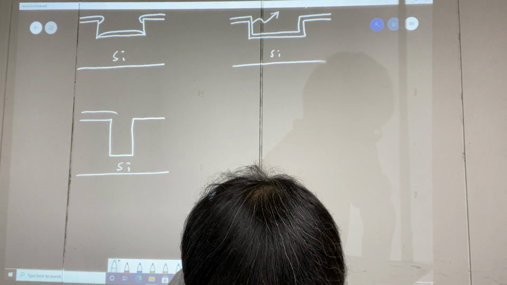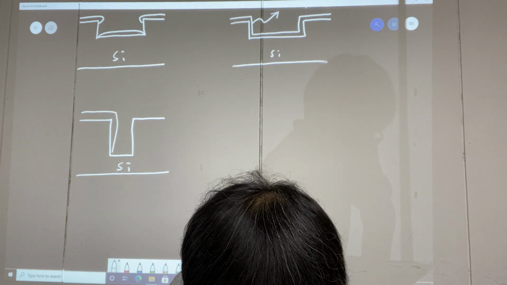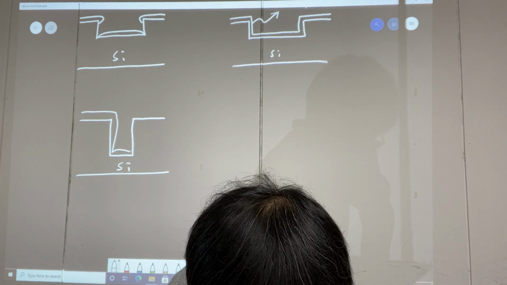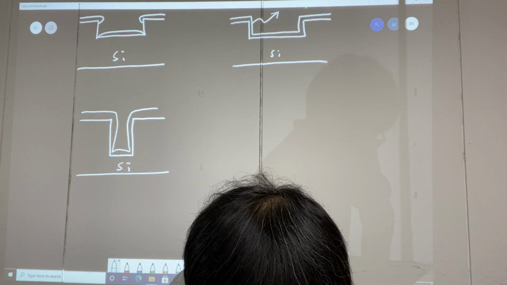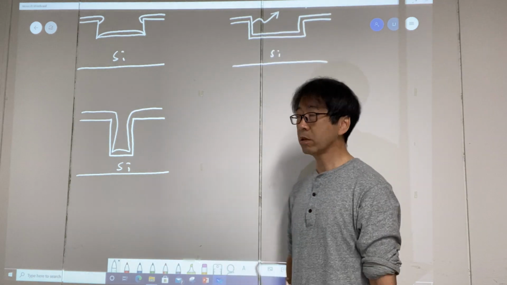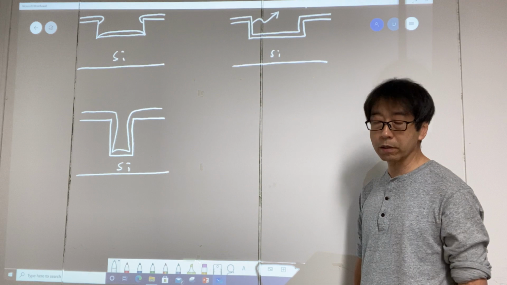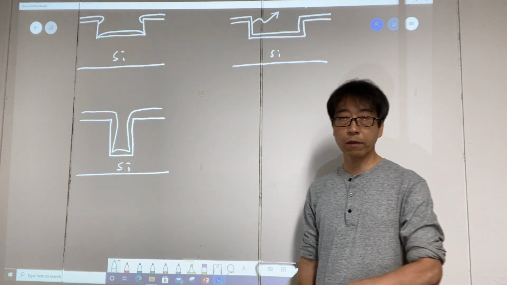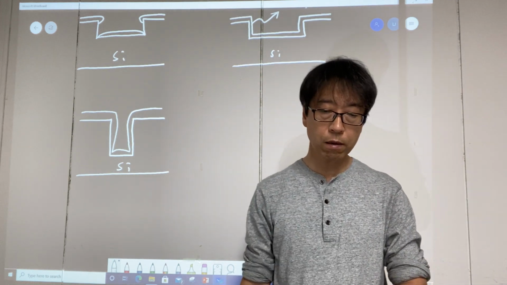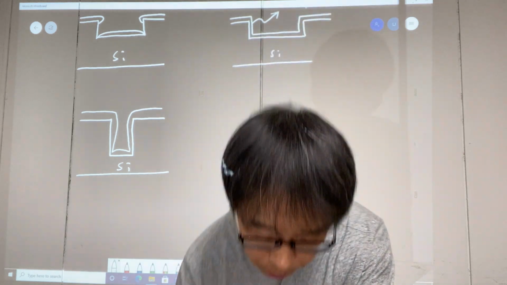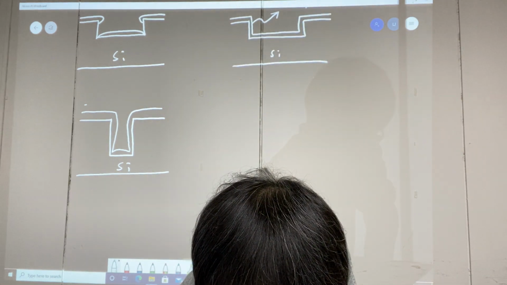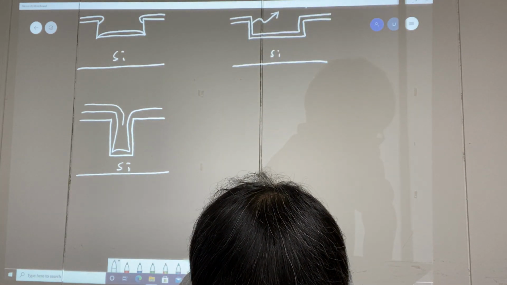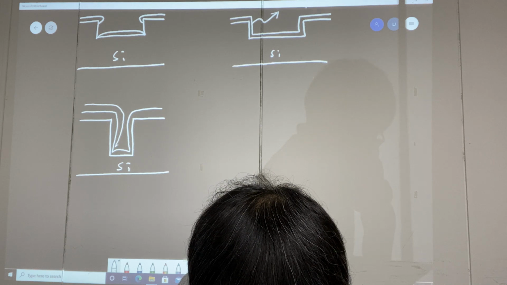More or less reaction limited. So it goes like this, but there might be some different thickness of deposited material, whatever it is, the material we're going to study from now on. And if you deposit more, it will go like this.